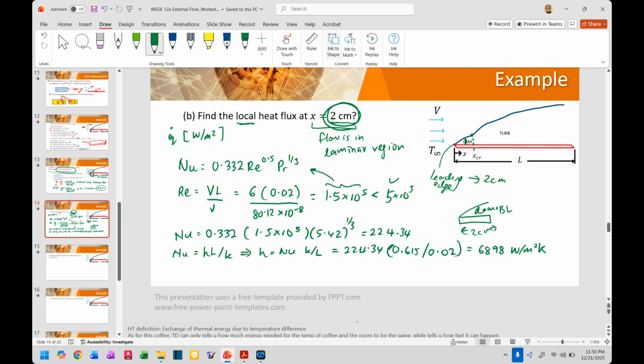To obtain the local heat flux, which is Q dot, we need to plug in the H value and multiply by Ts minus T infinity. Okay, this is Newton's law of cooling. You don't have the area because it's heat transfer per unit area, which is heat flux, okay? So this is going to equal 6898 times Ts is 40, the surface temperature was 40, and the free stream temperature was 20.